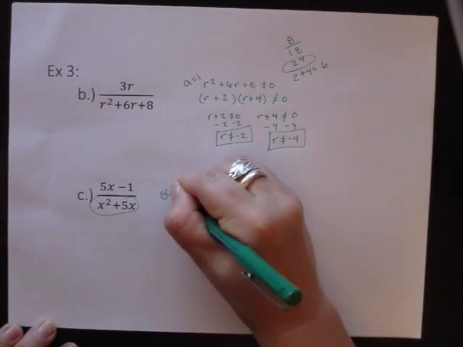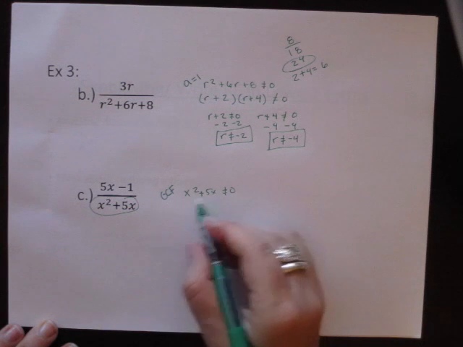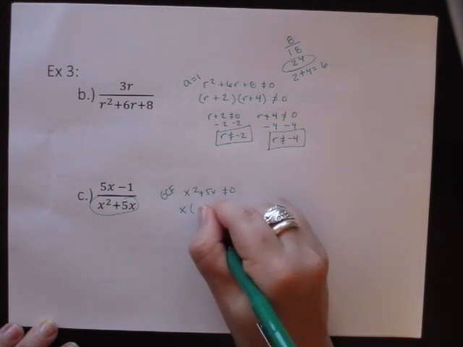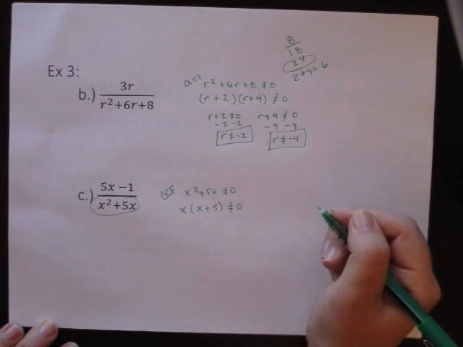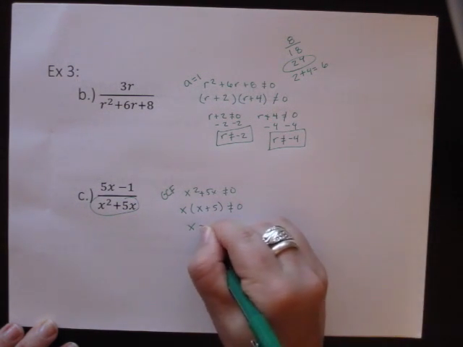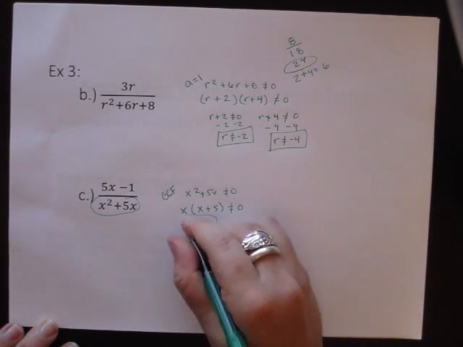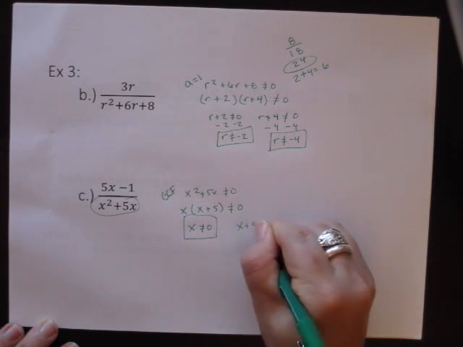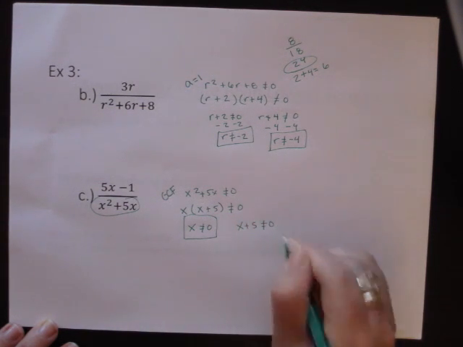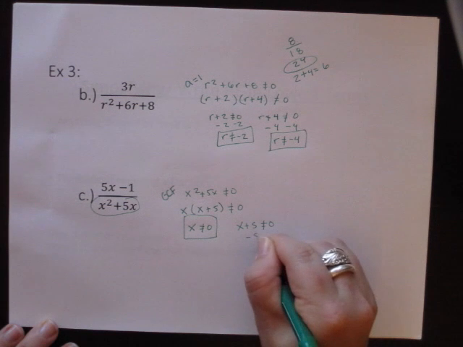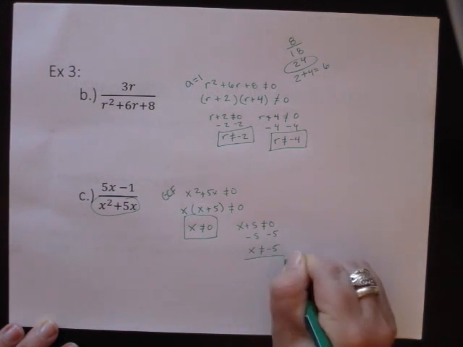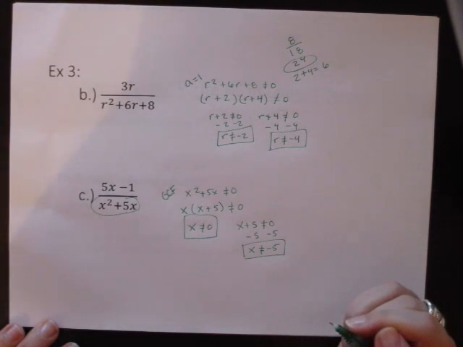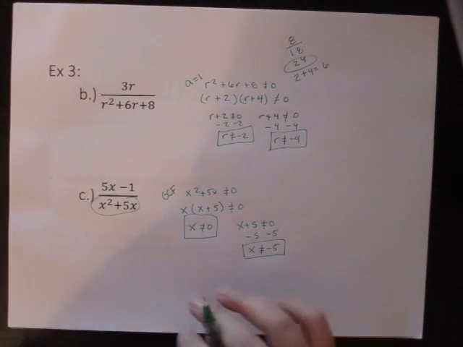Clearly this is a GCF because I can pull out an x, and I'm left with x times x plus 5 cannot equal 0. So I set each factor not equal to 0. In order to solve the second one, x plus 5 cannot equal 0, I've got to subtract 5 on both sides, and I get x cannot equal negative 5. Hopefully you got that one right.